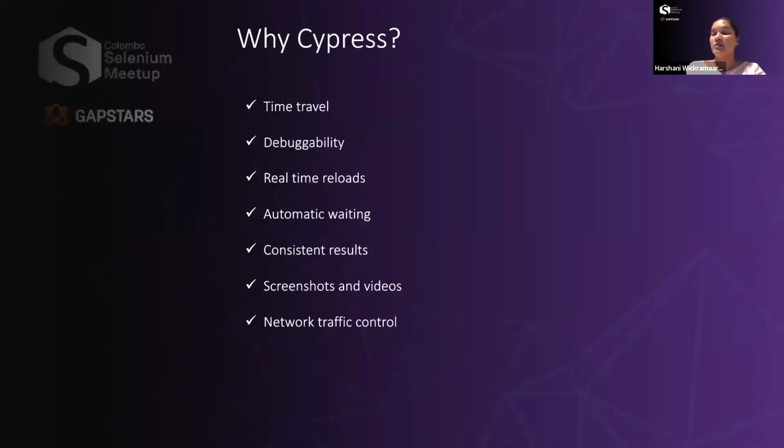And real-time reloads. Let's say we are using the test runner to execute the test and it's open. We make any change to our script. The test runner automatically detects this change and automatically executes the new code with the changes. So this is what we call real-time reloads. This is really helpful.